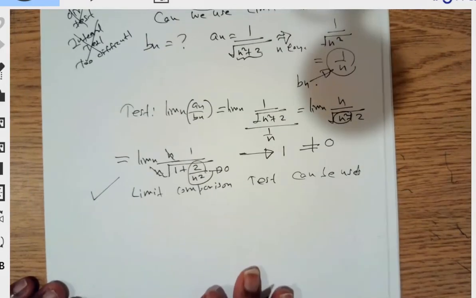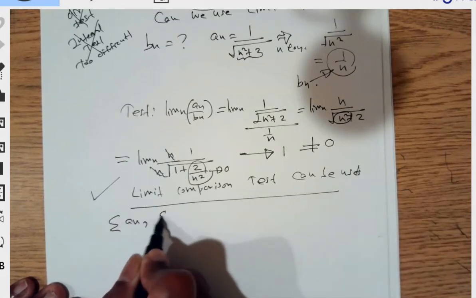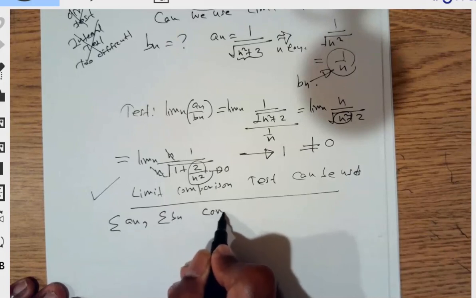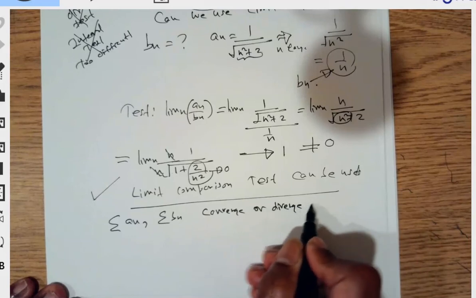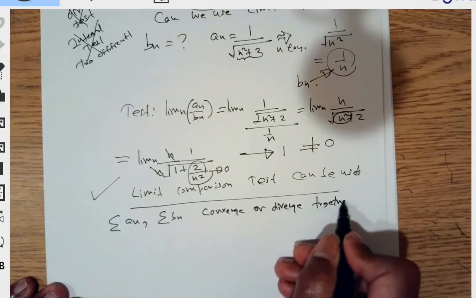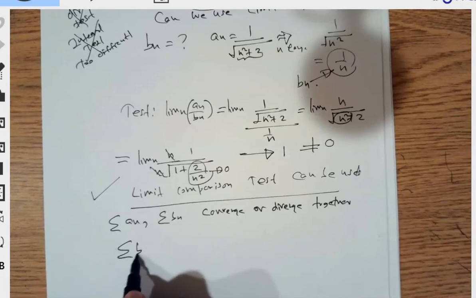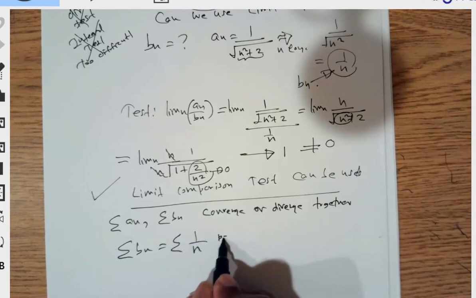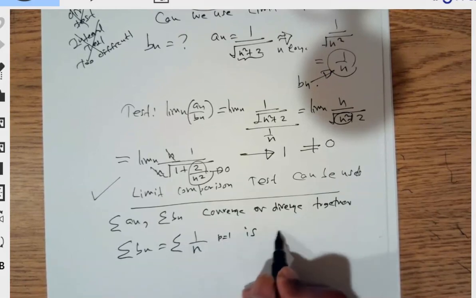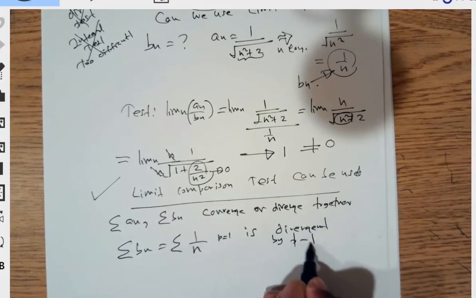Now that you have this, you can write the next statement: sigma an and sigma bn converge or diverge together. That means if sigma bn is convergent, then sigma an is convergent, and if sigma bn is divergent, then sigma an is divergent. But sigma bn is sigma 1 over n, and that's a p series with p equals 1, which is divergent by the p test.